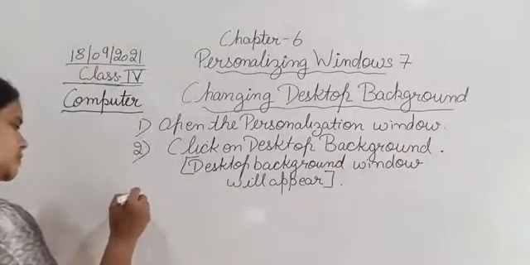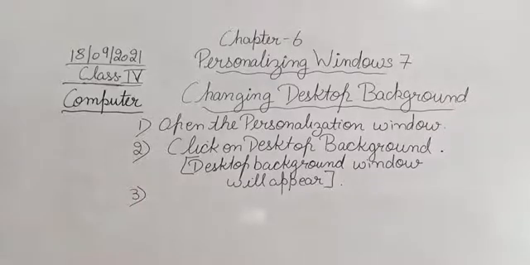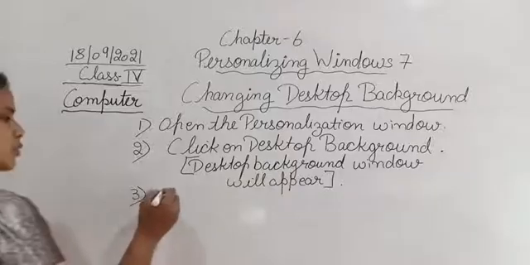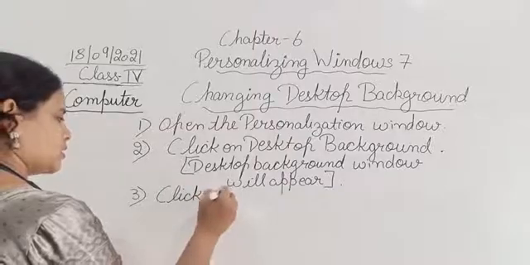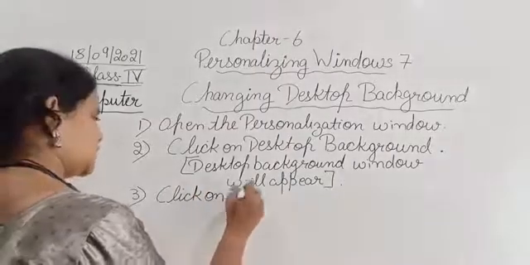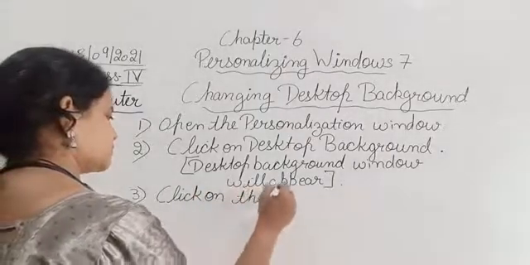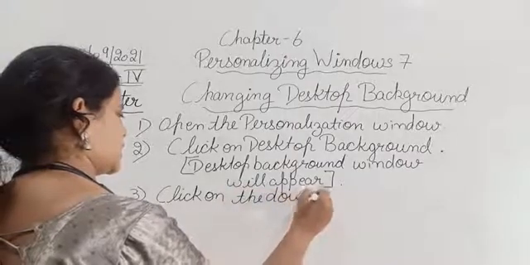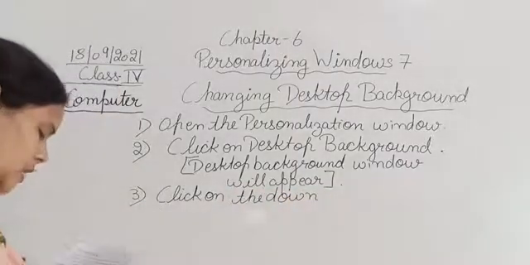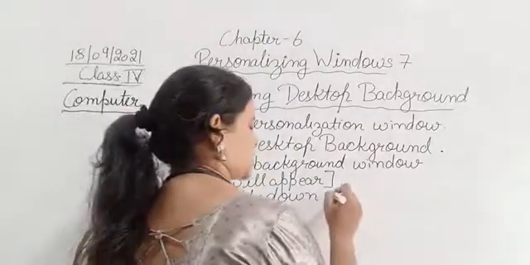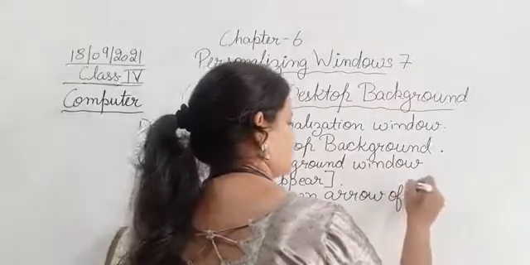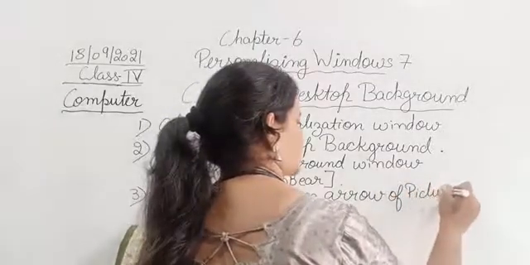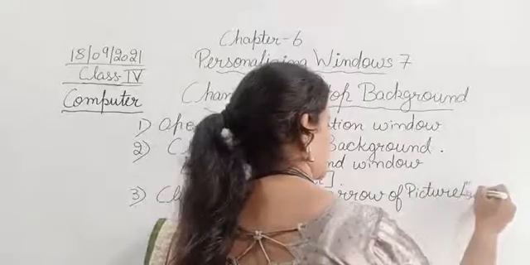So after that window has appeared, now you have to click. So what is the third step? The third step is that we have to click on the down arrow of picture location.